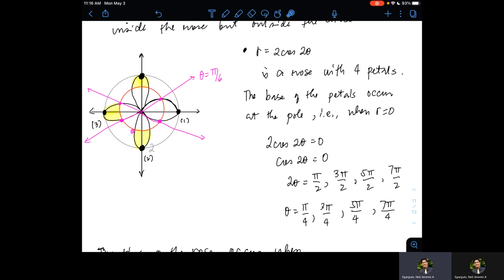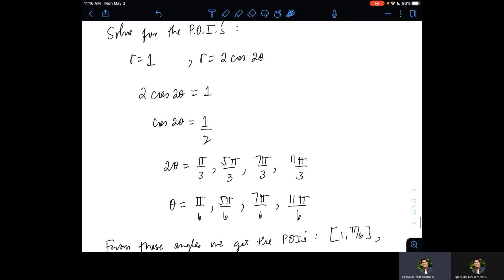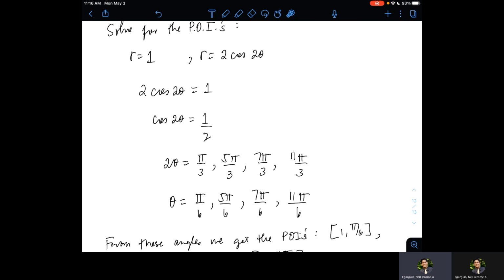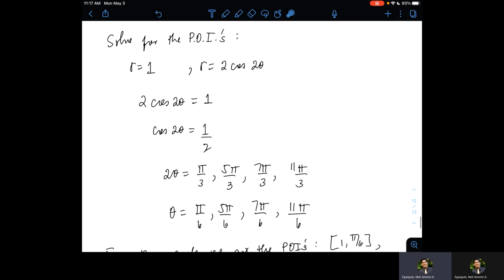Well, this is one peculiar thing about polar curves, because remember the r value can be taken as a negative number, but if r is negative, you draw in the opposite theta direction, right? So that means I am really missing half of the points of intersection because I only considered those theta values when r is equal to 1.